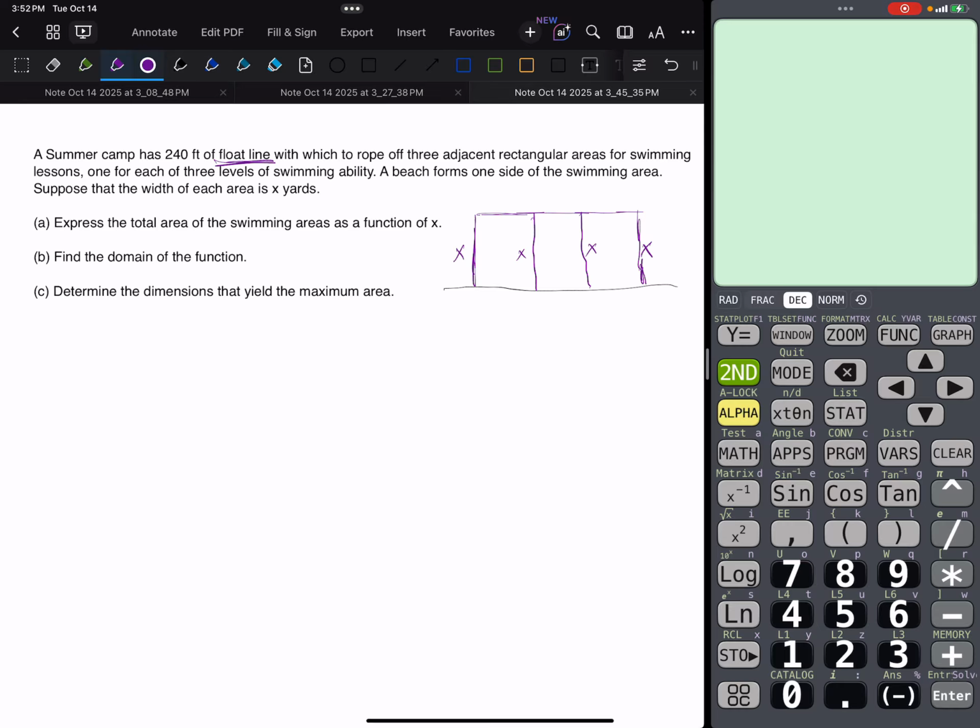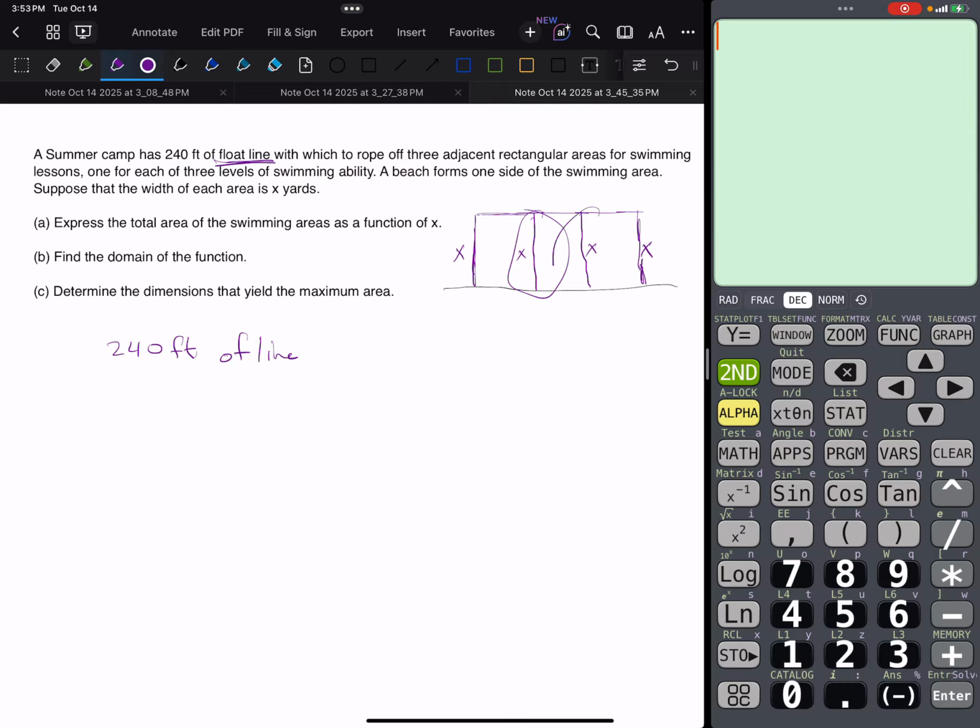Now, my 240 feet of line, anytime you talk about rope and water, it becomes line instantly. That's that whole boats thing. Okay, so I've got 240 feet of line. And, well, what are my lengths? I have x, right?